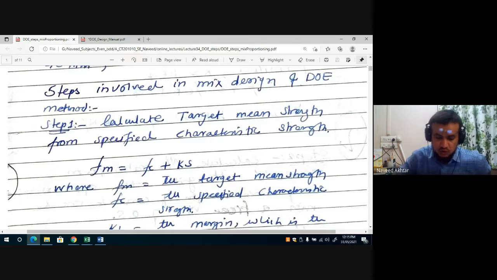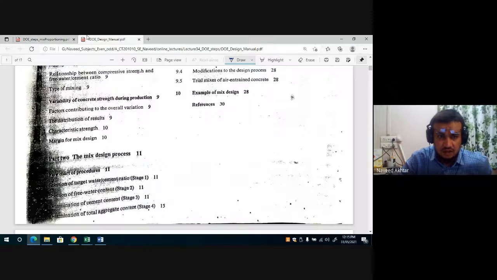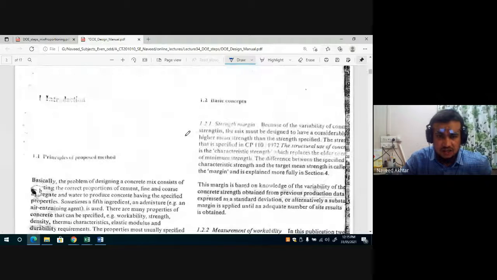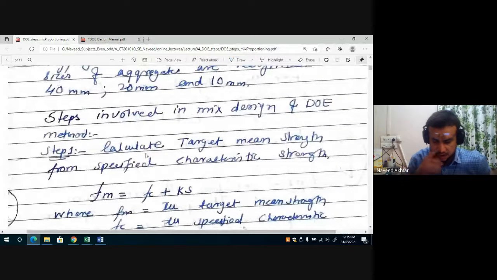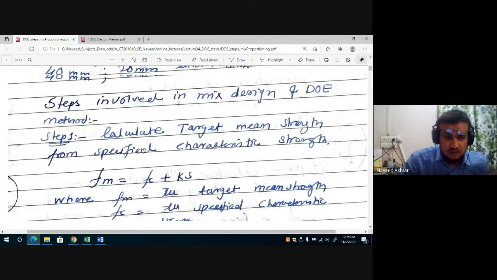As you go through the manual, I have already discussed this. The manual and all these notes I will share with you for the mix proportioning of your concrete by the DOE method. So, step number one.